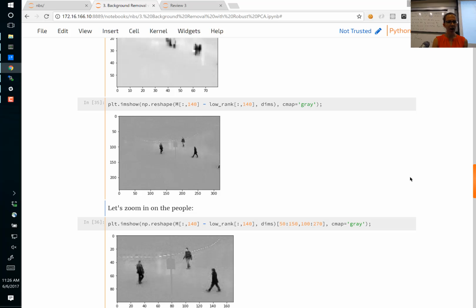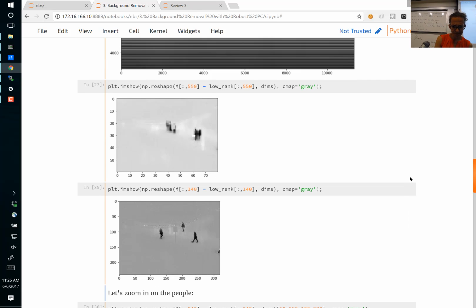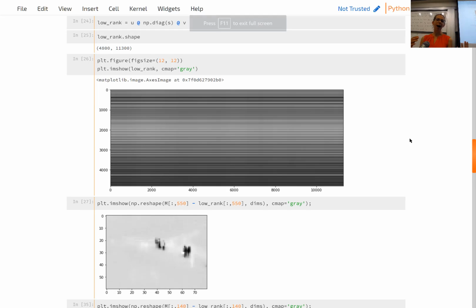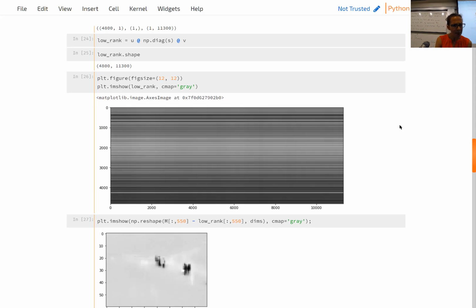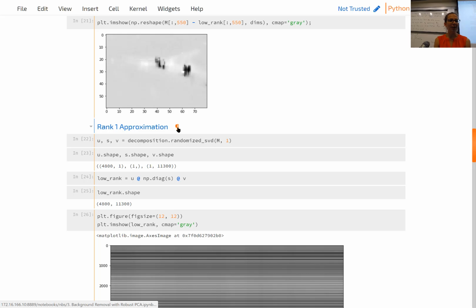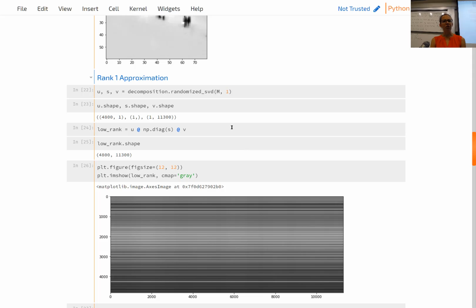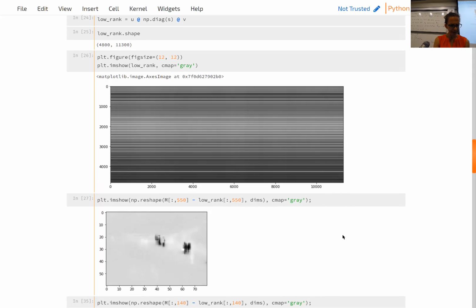Just to remind you, at the top we first went through what our data even means and how we're setting it up, turning this video into a single matrix where each column is one point in time, unwrapping the pixels into a straight column for each point in time. We tried a rank 1 approximation, just using a randomized SVD.